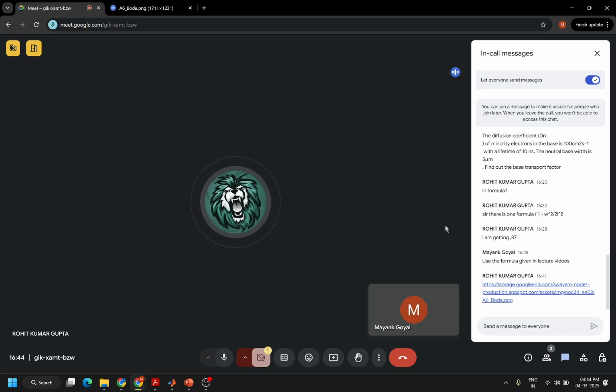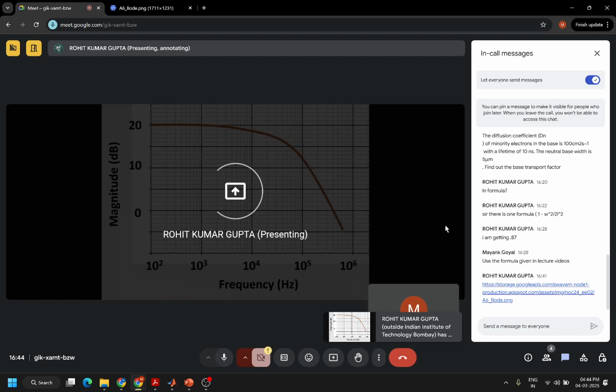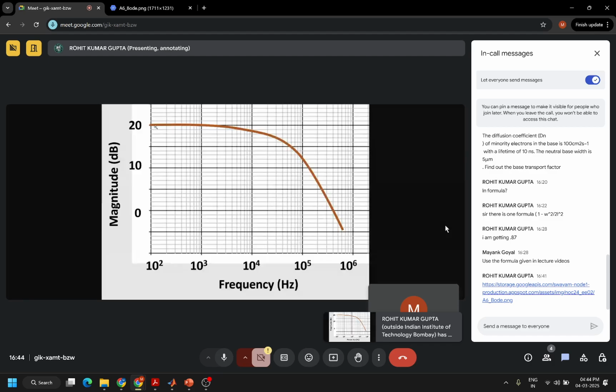Which one will I use? From here it is 20 dB, right? From there is a downfall of minus 3 dB. I think that is right, sir?